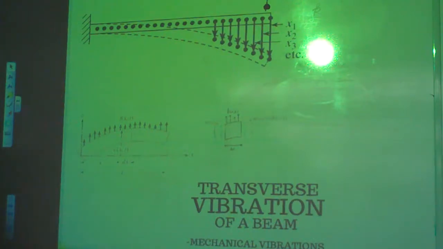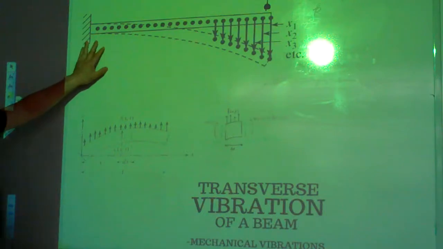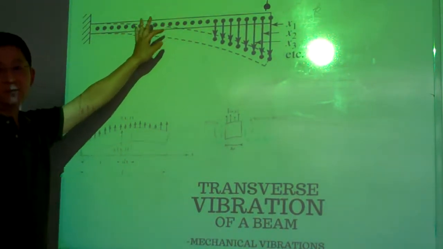Okay. So the first category is discrete versus continuous systems.